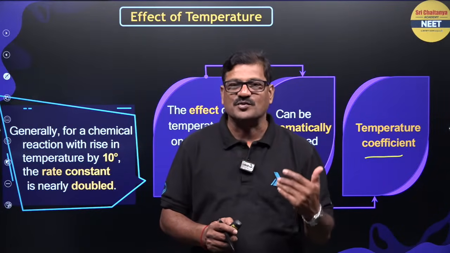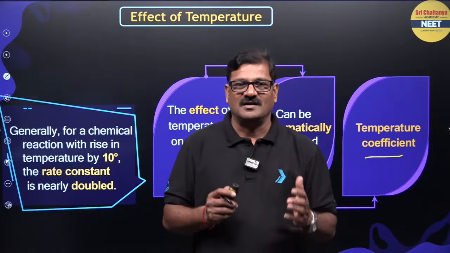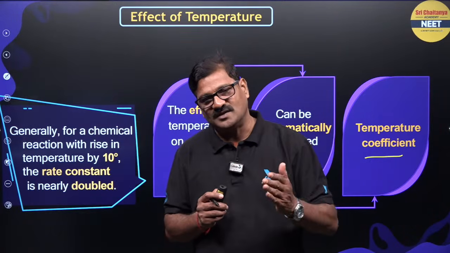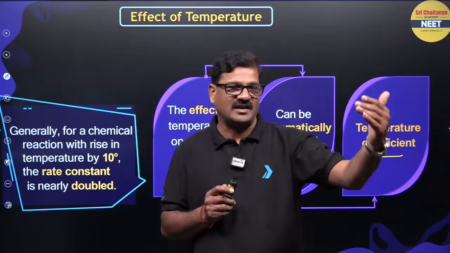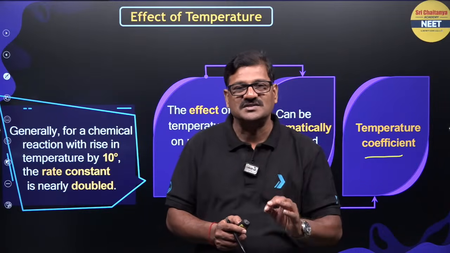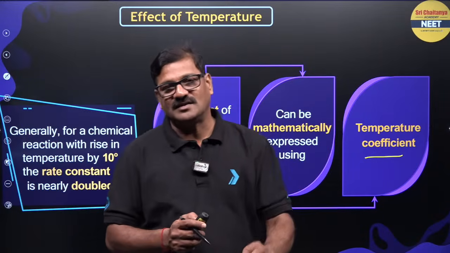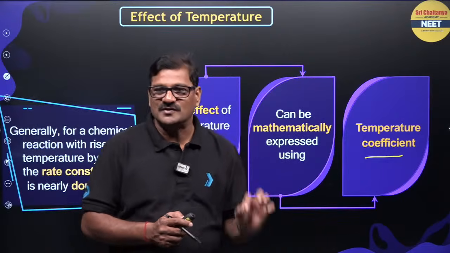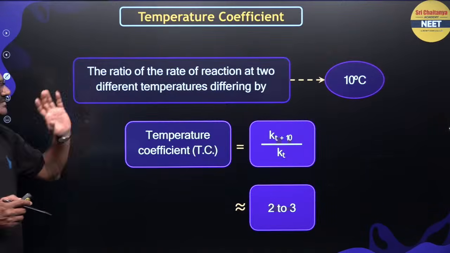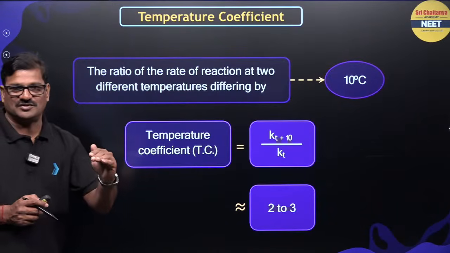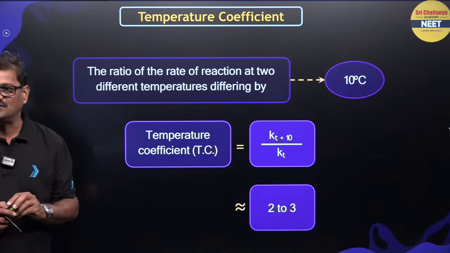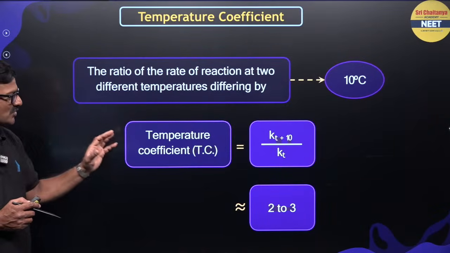Once the reaction is proceeding, if it is exothermic, according to Le Chatelier principle, if temperature keeps increasing the reaction reverses back, but to initiate and start the reaction, temperature is mostly required. And you can see the ratio of the rate constants at two different temperatures differing by 10 degrees centigrade is called the temperature coefficient.